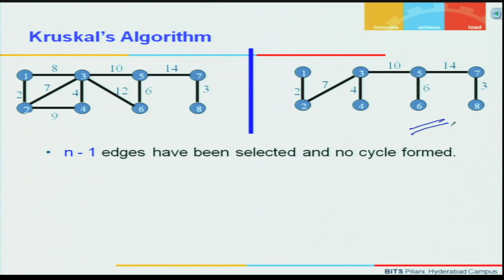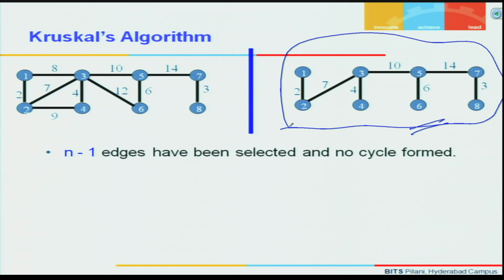In fact, here only one trick you need to observe. You can check whether an edge is forming a cycle till all the edges are exhausted, or whether this tree is having n minus 1 edges. Whichever is earlier, you can stop there. In fact, n minus 1 edges will always come earlier than seeing all the edges.